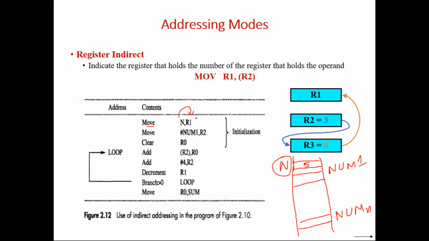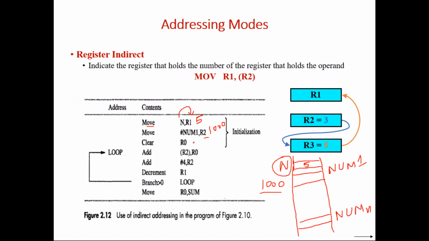What is n? 5 is moved to R1. Again, move hash num1 comma R2. Let us assume num1's address is 1000. The hash gives the immediate value, not the value at the location. That is 1000, so 1000 is now moved to R2. R2 will hold 1000, the address of the first number.